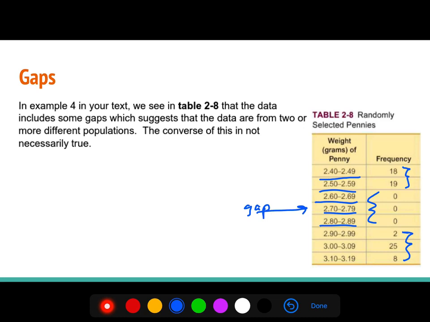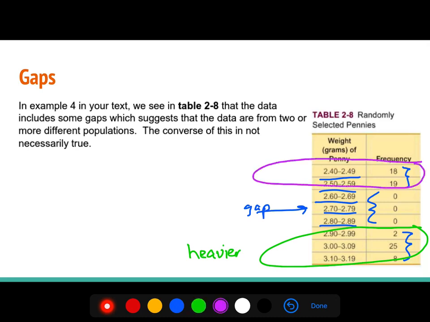Well, what this gap means in the fact of the pennies is back in the day, pennies used to actually have copper all the way through. And copper, as you know, has gotten to be kind of, well, expensive and valuable. People are stealing it all the time. So the pennies that were heavier, these are the ones that had more copper.